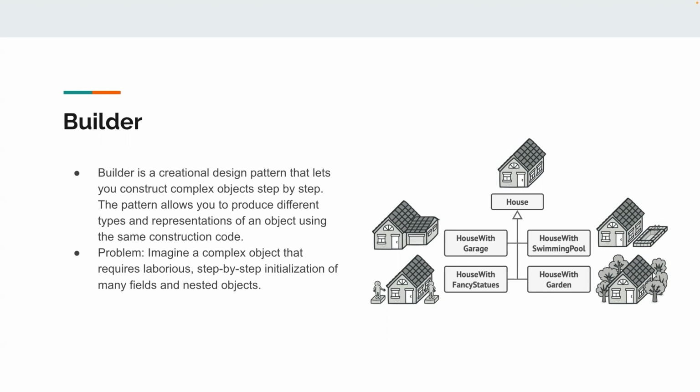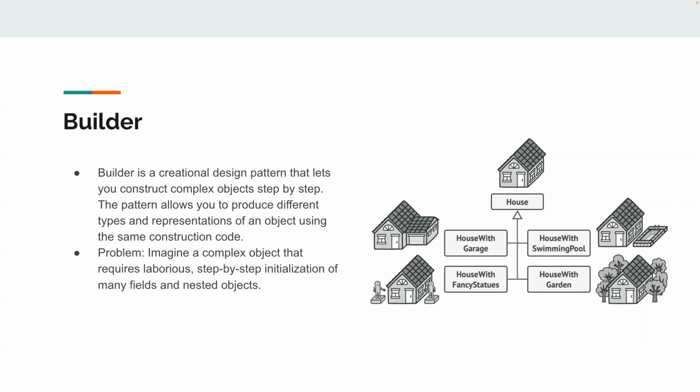So, for example, there is an image shown here of a house. Let's say we have a House class, but houses are not built equally. Some houses will have a garage, some houses will have a swimming pool. All of them will have walls and a roof. But if we have a House type, we cannot go on and create multiple classes, such as house with garage, house with swimming pool, and so on.